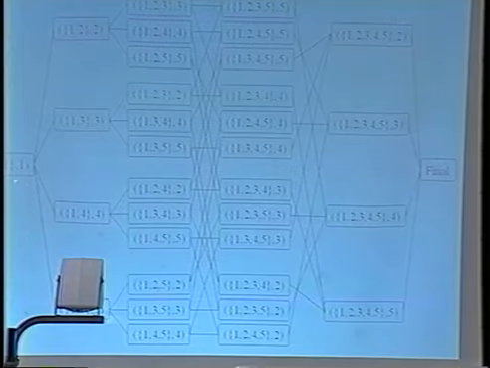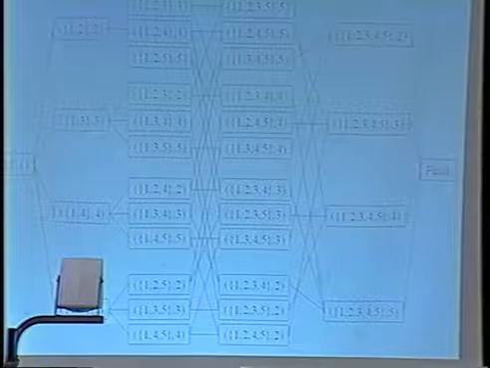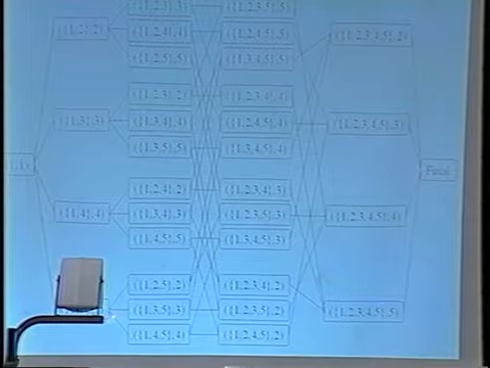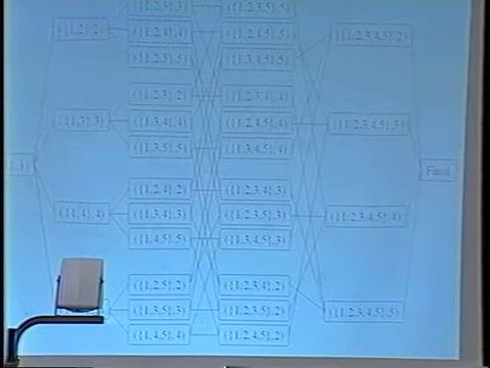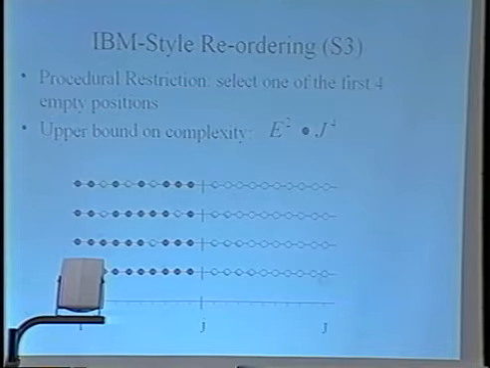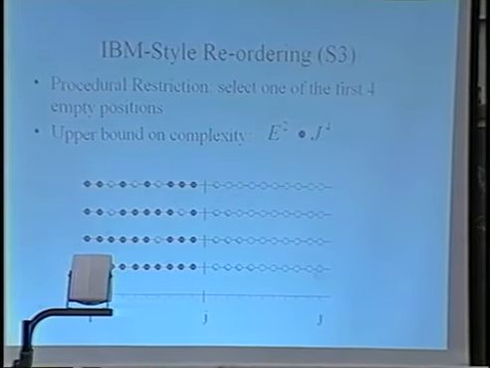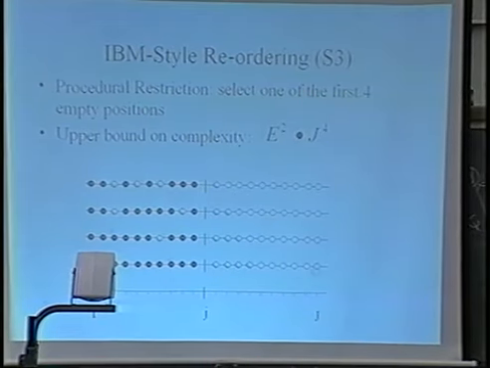So first I generate subsets of size 1, then all subsets of size 2, all subsets of size 3, and I will use this for the pruning that I will show.